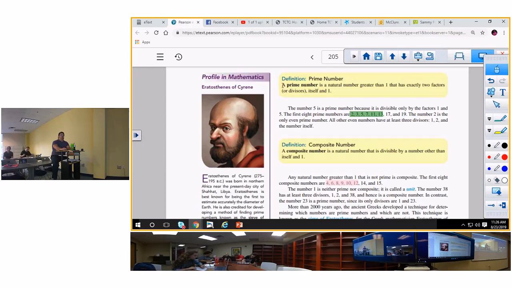We're going to be working with prime numbers. Prime factorization. Because if you can break a number into its prime factors, you have broken that number down to its base. You have got it broken down to its smallest numbers. And that's what prime factorization is.